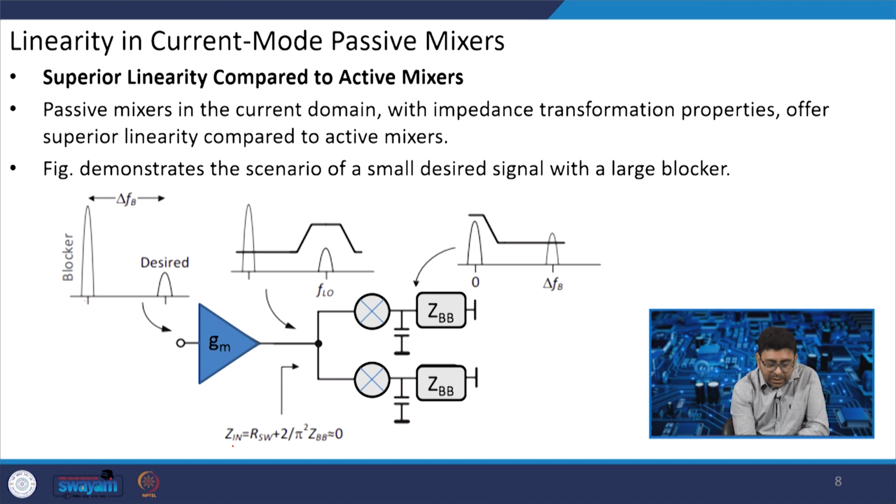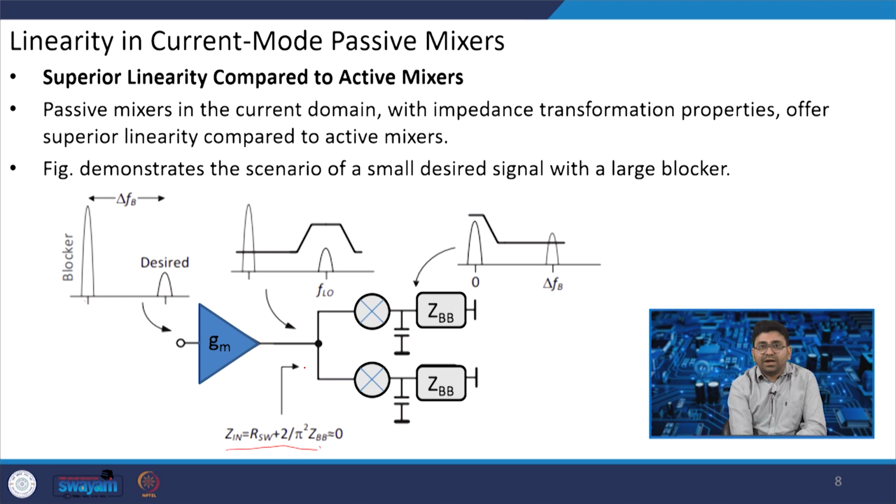The input impedance at RF frequency is R_switch plus 2 by pi squared Z_BB, and it behaves like a filter: it will only pass the desired band at the f_LO frequency, and other frequency components will be rejected, and we do not need an additional filter here.